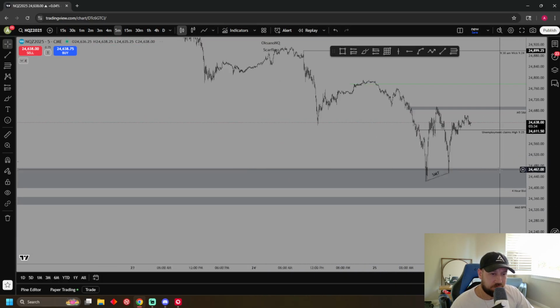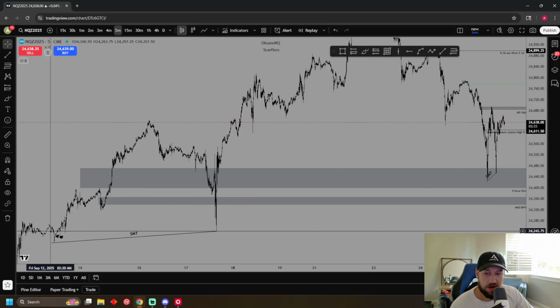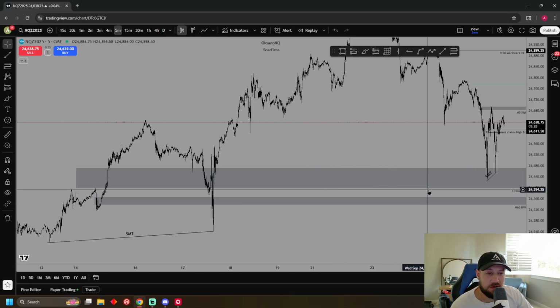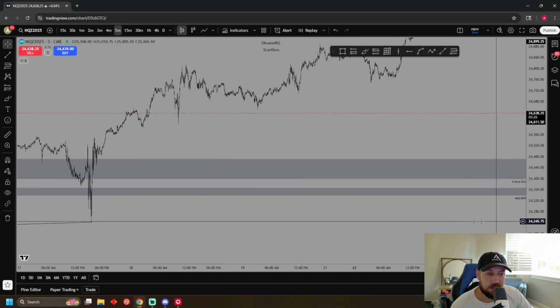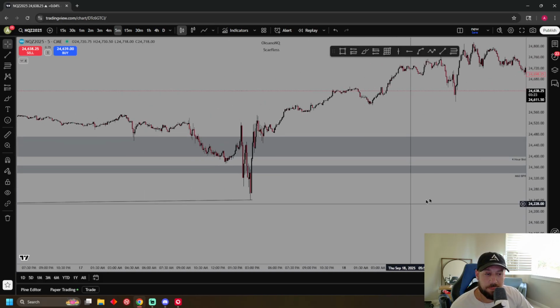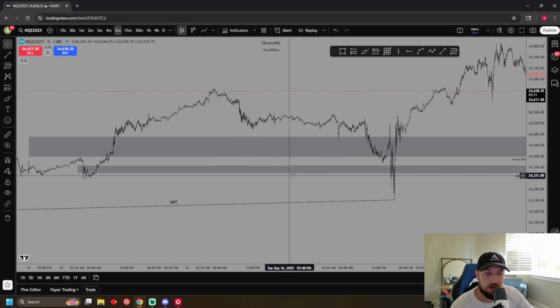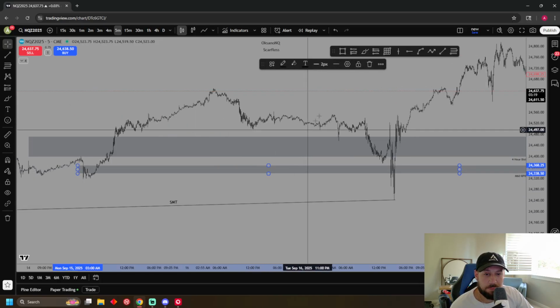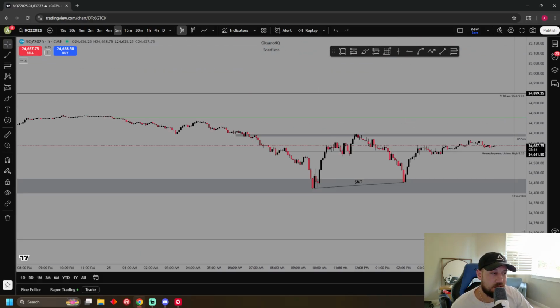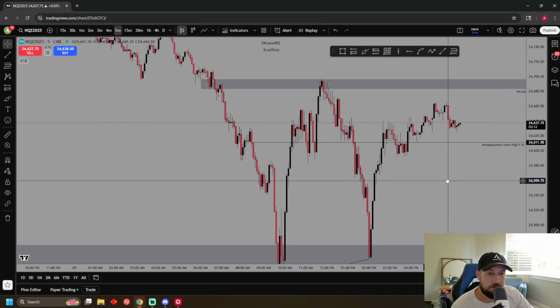So we have all this LRLR down here, which honestly, I'm not convinced we go after until we close below this 4 hour. So that's going to be my condition, that 4 hour. Once we close below that, I will know a lot more. But until then, I'm bullish for sure.